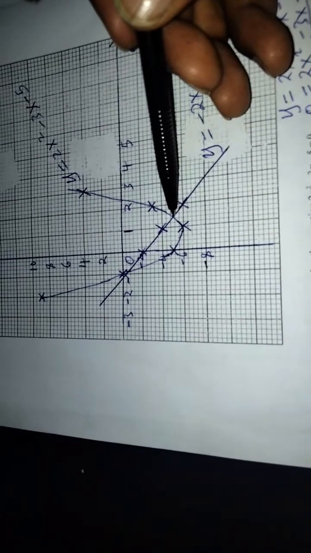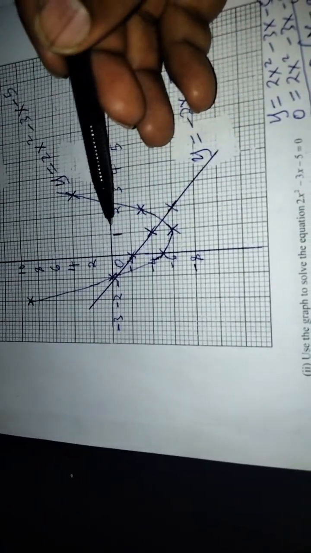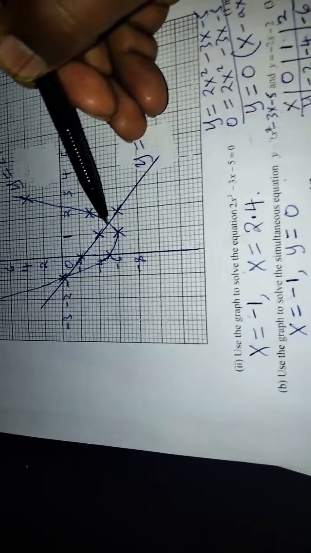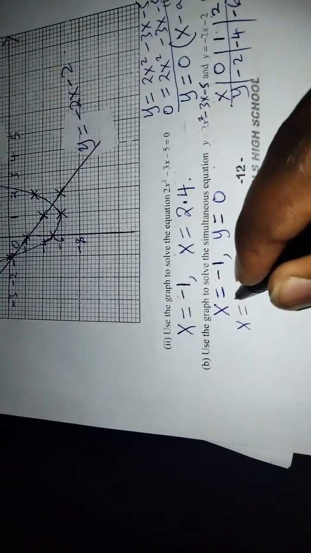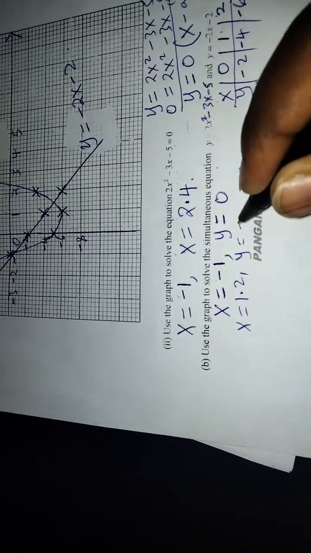The next coordinate where they are intersecting is here, and this coordinate is 1.2 and -5. Therefore, x equals 1.2 when y equals -5.0. So those are the solutions for the two simultaneous equations.